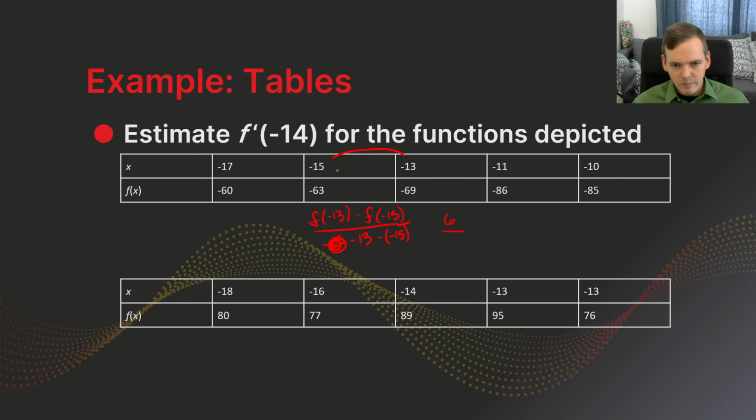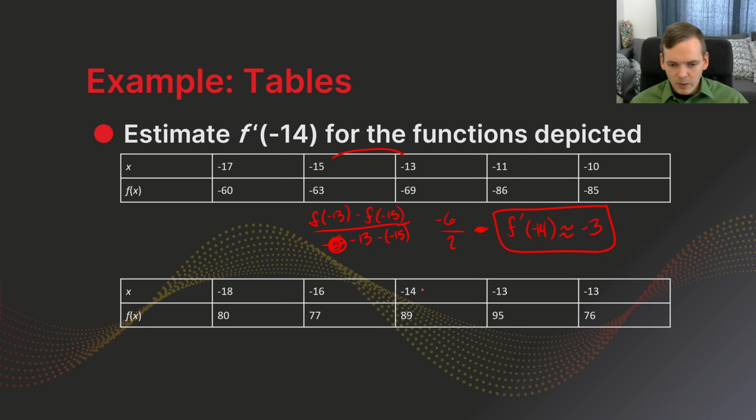I think I got that backwards, this will give us -6. And then -13 minus -15 will give us 2. So the f prime of -14 is approximately -3.